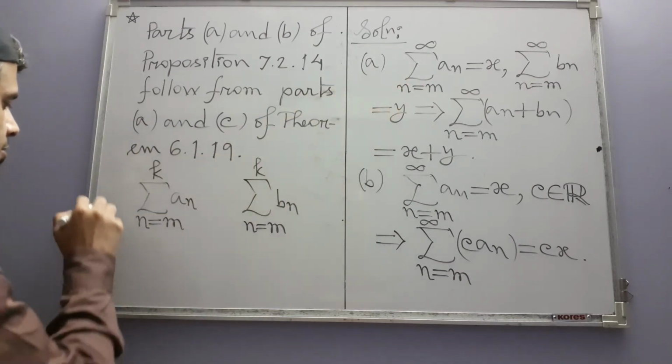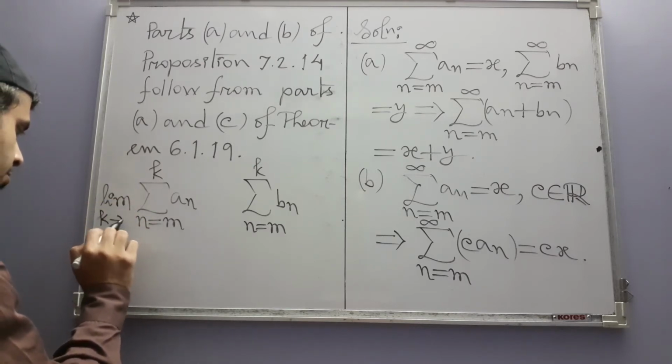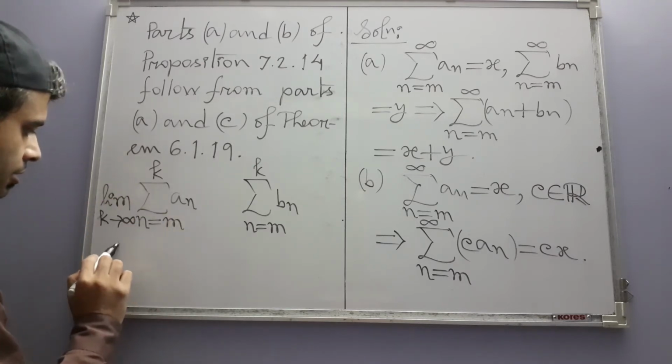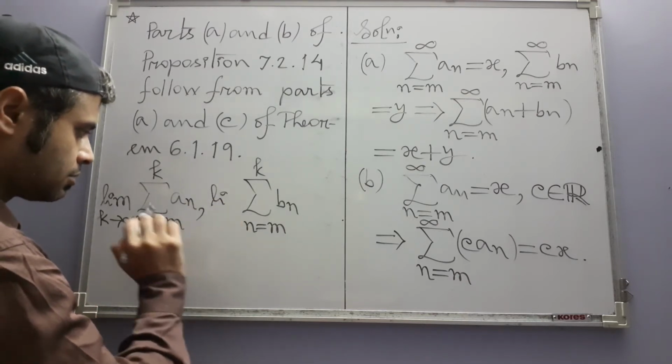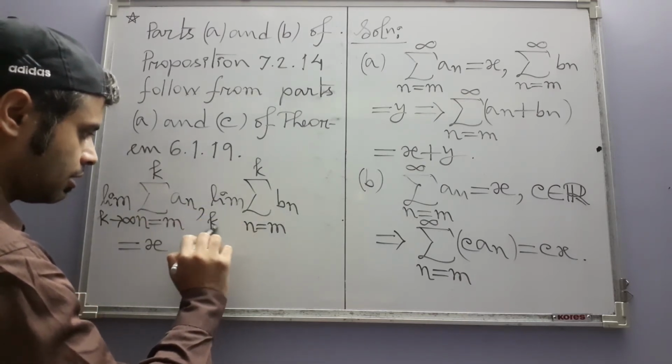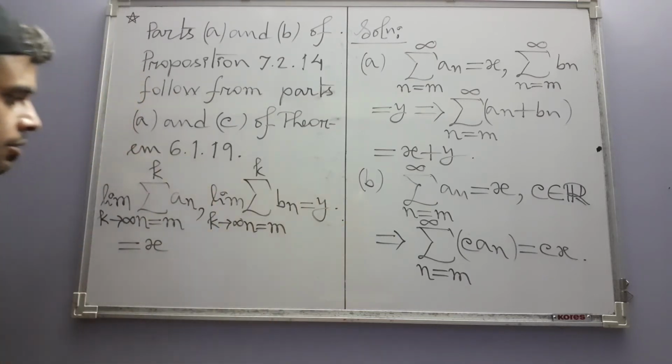These statements simply mean that the first limit is x, and the limit of this as k approaches infinity is y.